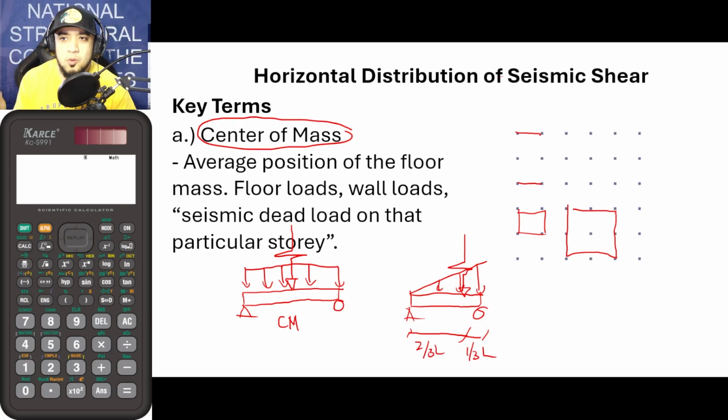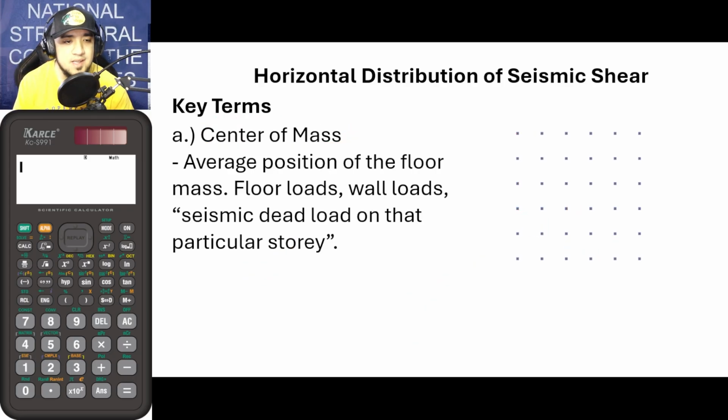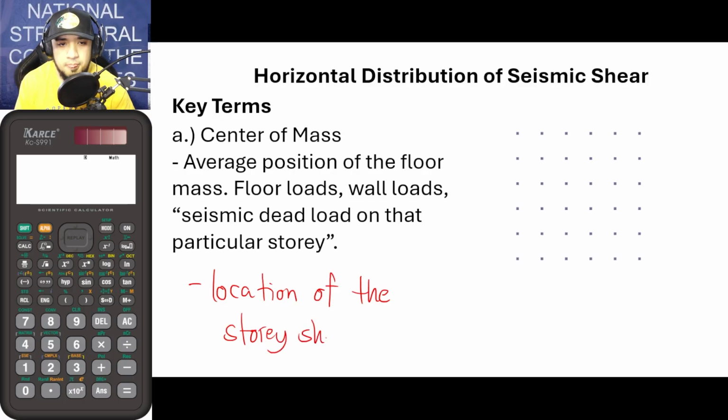Okay, so what is the importance of center of mass in our lecture? So its importance is that the center of mass is also the location of the story shear. Okay, so if this is now the location of the story shear, we could now safely assume that, for example, you have solved for the center of mass to be located at this point.